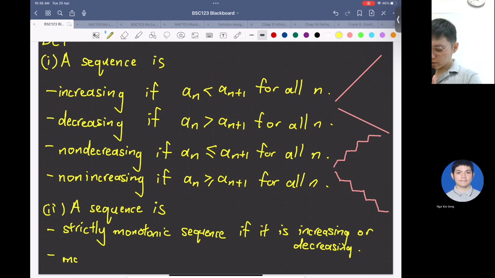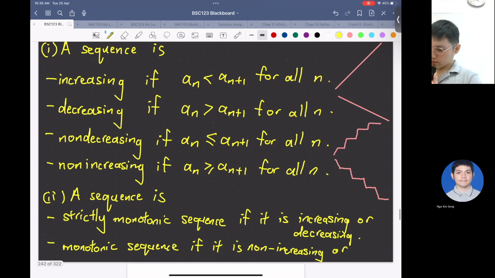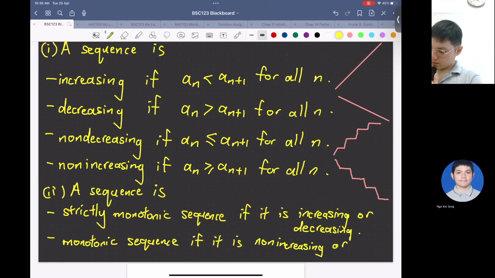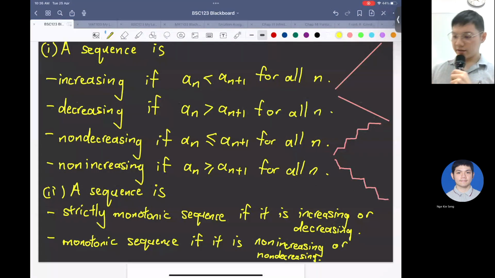And we'll say that it is a monotonic sequence if it is non-increasing or non-decreasing. So strictly monotone means increasing or decreasing, while monotone means non-increasing or non-decreasing.